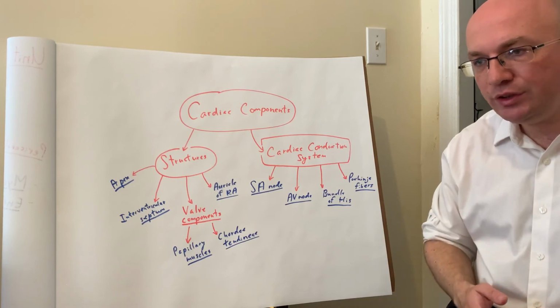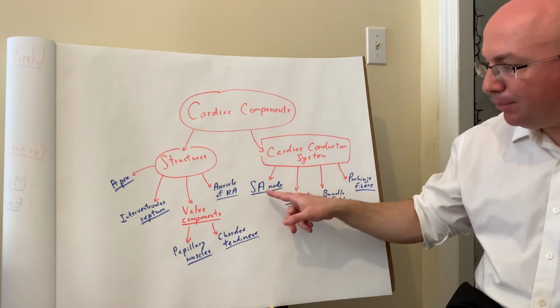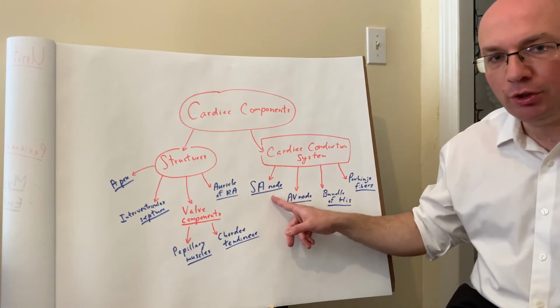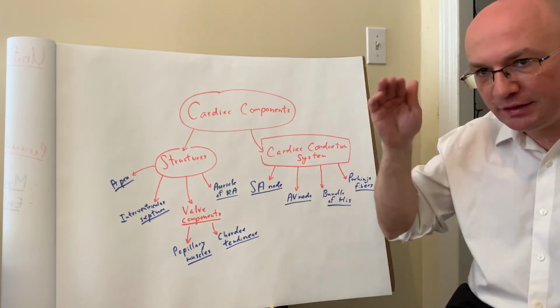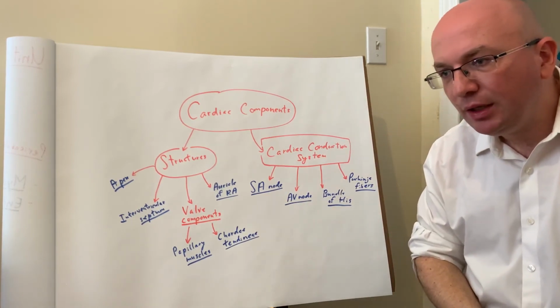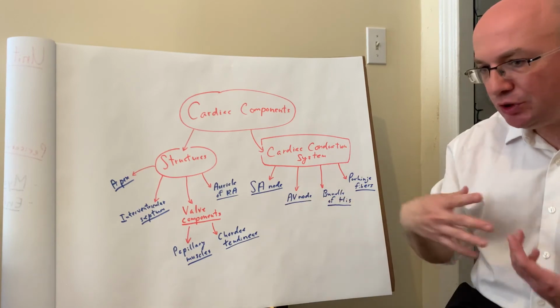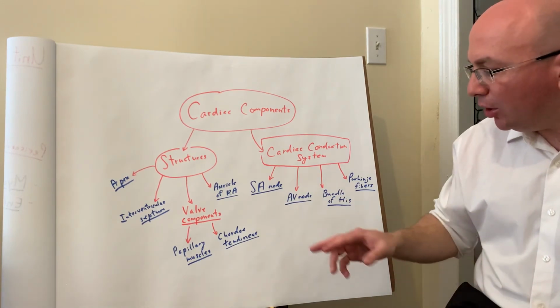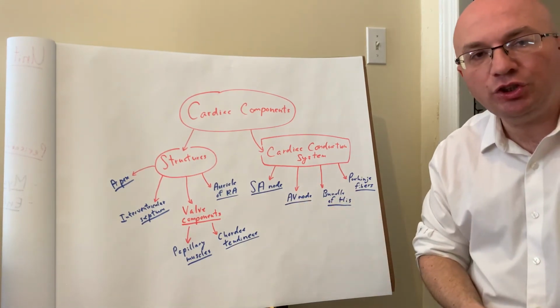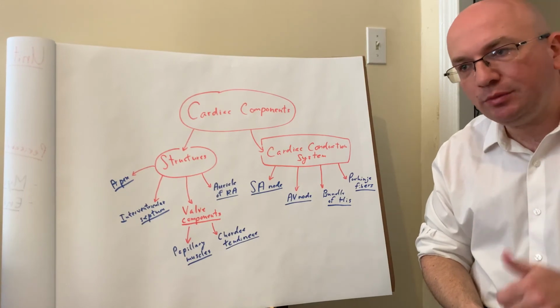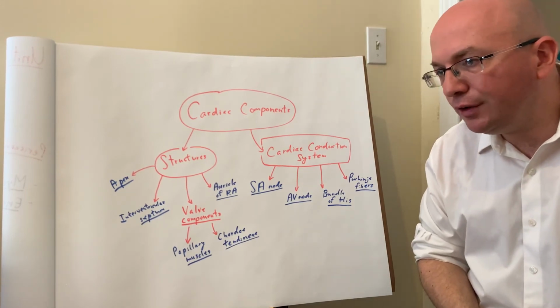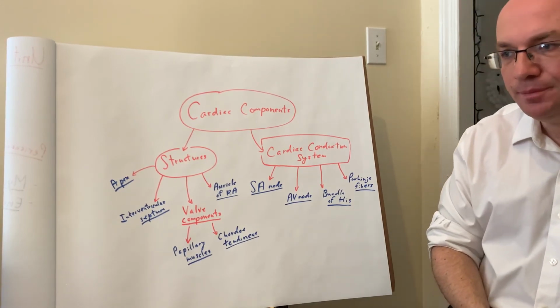The signal always goes in one direction. It starts at the primary pacemaker, the sinoatrial node, that fires. This is at the top of the right atrium. After that fires, the signal transmits through the atrium and goes into the AV node, or atrioventricular node. This is located approximately in the inferior portion of the right atrium.